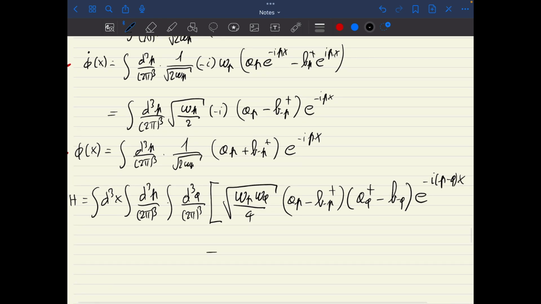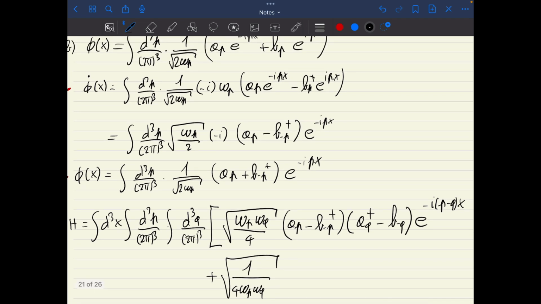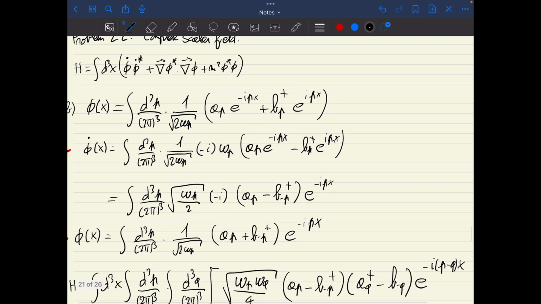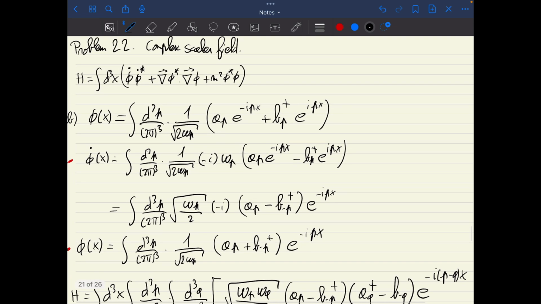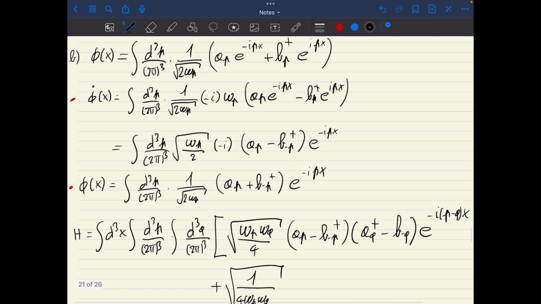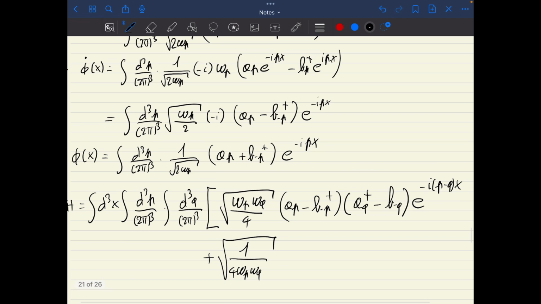So that's plus 1 over 4 omega p omega q. And so the spatial derivative of the first term, so the first term is star, okay, so it will be e^{ipx}, so it will just give us i p. And the second term will give us minus i q. Okay.